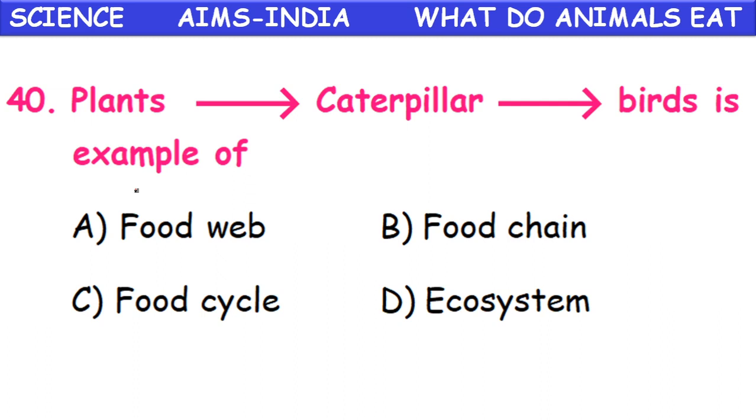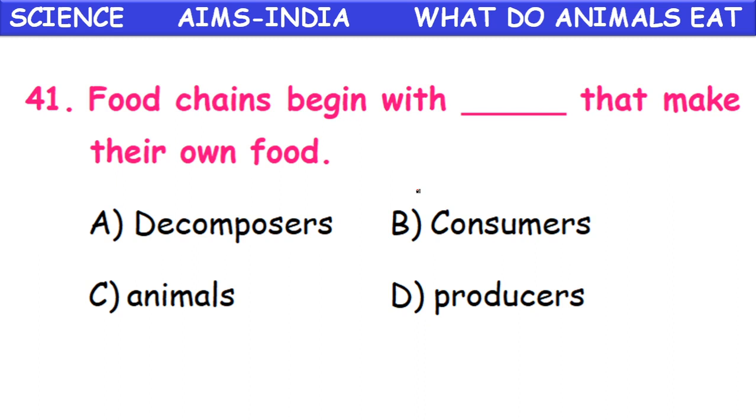Plants, caterpillar, birds is an example of: plants eaten by caterpillar, caterpillar eaten by birds is an example of food web, food chain, food cycle, ecosystem. It is a food chain. Next, food chains begin with dash that make their own food: decomposers, consumers, animals, producers.